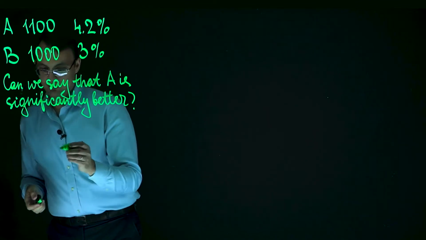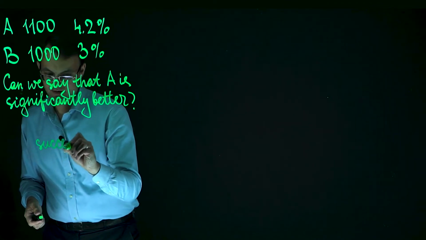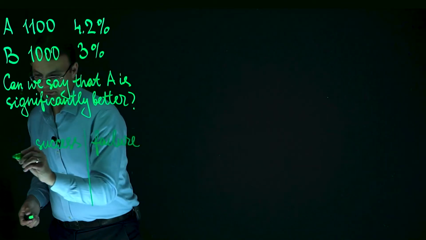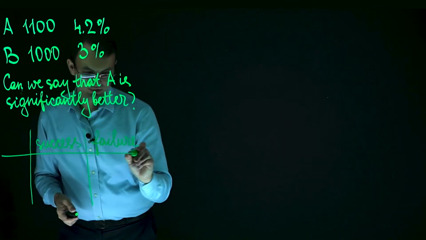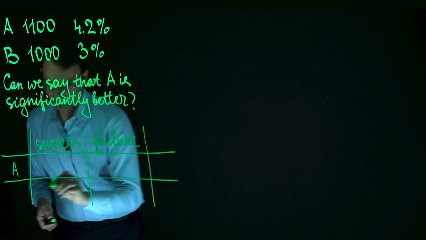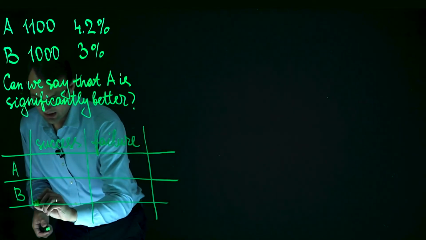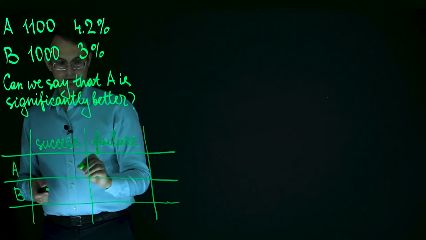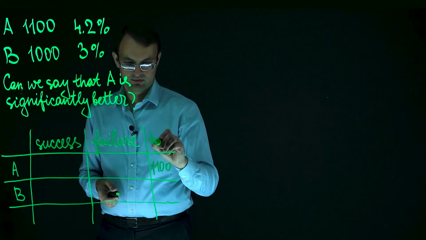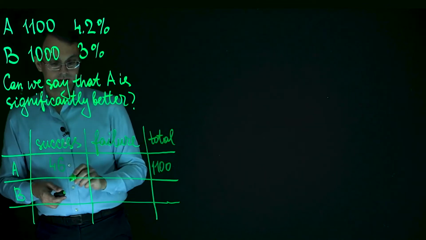So we can say that we have success, failure, and two series of trials, namely A and B. The number of trials in the first series is 1,100, and 46 of them are successful ones.